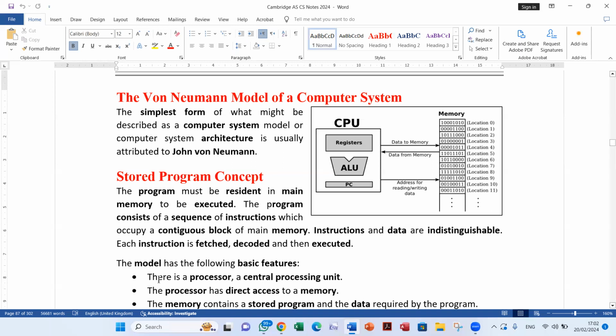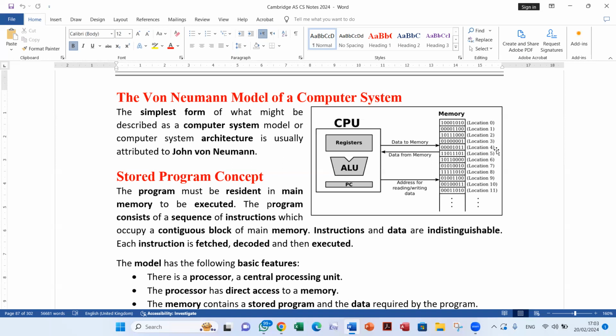That's why we have a register called the program counter. The program counter points to the current instruction and then is incremented to point to the instruction after it.